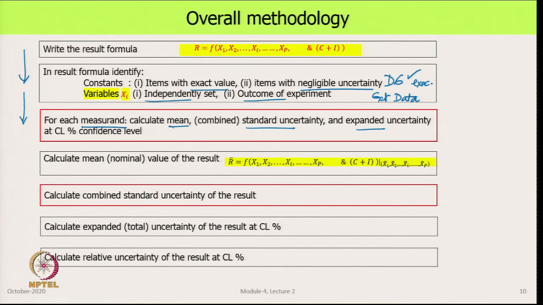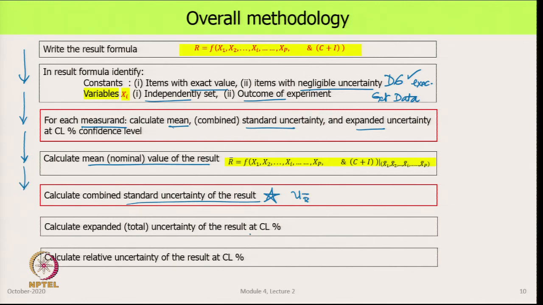Then we will develop a method to calculate first the mean nominal value of the result, which is straightforward. Then we will develop the formula for calculating the combined standard uncertainty of the result, which will be u r bar.